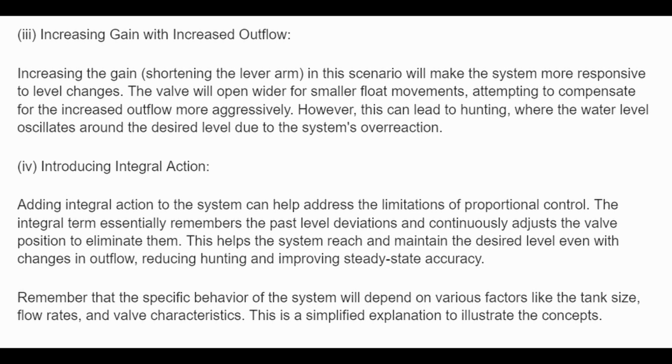This helps the system reach and maintain the desired level even with changes in outflow, reducing hunting and improving steady state accuracy. Remember that the specific behavior of the system will depend on various factors like the tank size, flow rates, and valve characteristics.